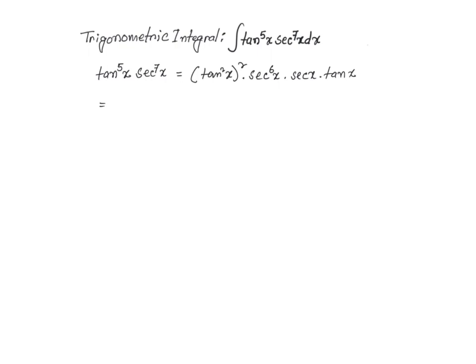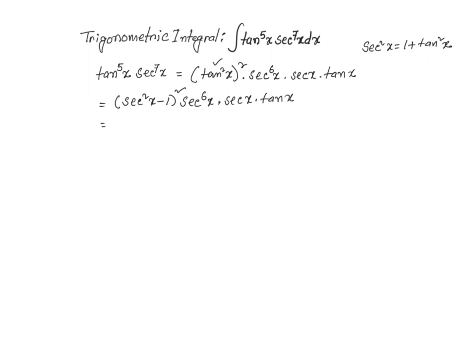We know that secant square of x is equal to 1 plus tangent square of x. So if I solve for tangent square of x, it gives me secant square of x minus 1. So this is going to be secant square of x minus 1 instead of tangent square. So I'm going to square this times secant to the power 6x times secant x times tangent x.